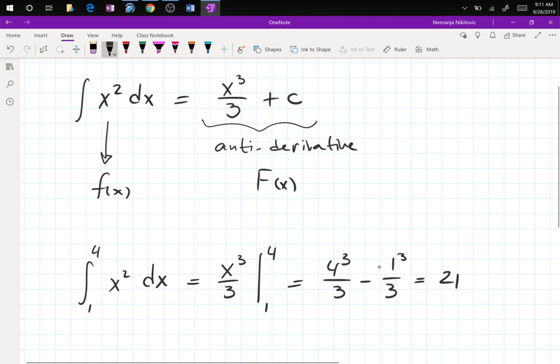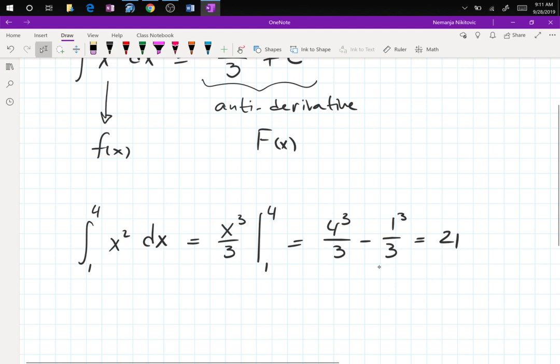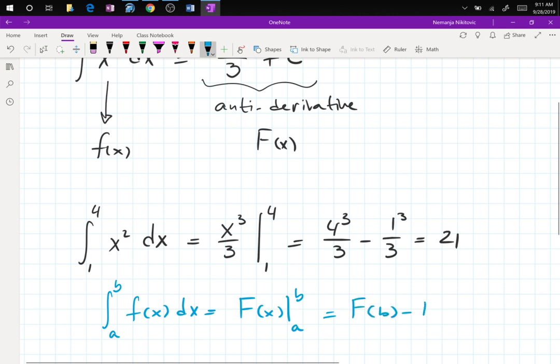So you have the formula to compute. You learned this as the fundamental theorem of calculus part 1, where we said that the integral from a to b of f of x dx is equal to the antiderivative F of x computed from a to b, and then you go F of b minus F of a.